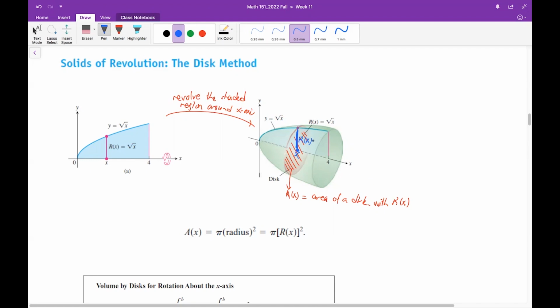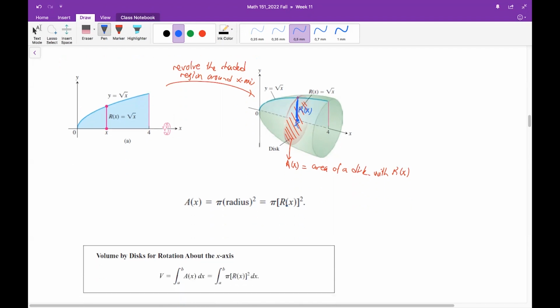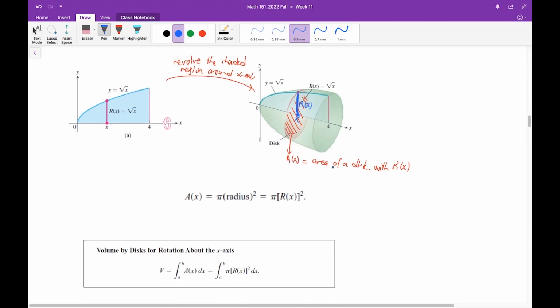That's why the radius depends on x. And the cross-sectional area of this disk is obviously pi times the radius squared, and the radius is given by r of x here, which is determined by this curve, okay?